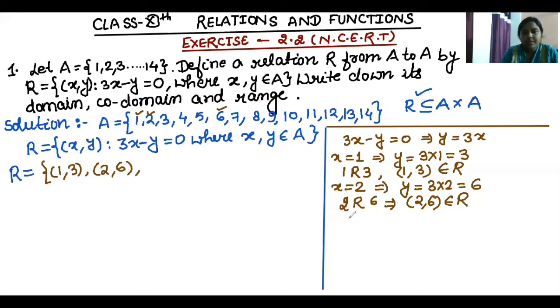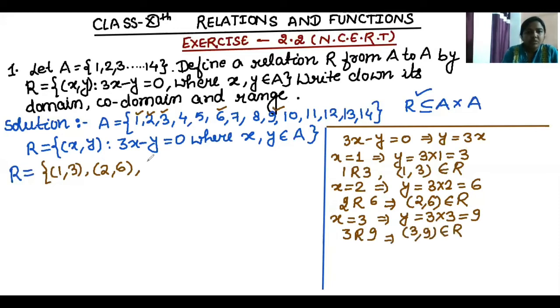Now x equals 3. So the y value is 3 into 3, so we get 9. So 3 is related to 9. Yes, 3 is in A and 9 is also in A. So we can write (3, 9) belongs to R.